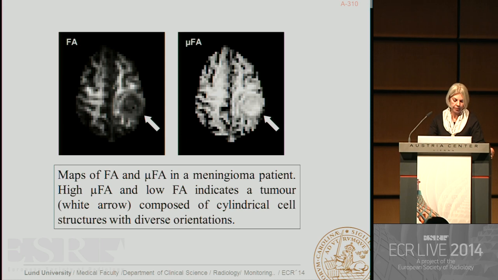But here's an example of how you can use the micro-FA in a patient with a meningioma, where FA here almost looks the same, but if you look at the micro-FA, you could see that there are different FA values within this lesion that would better describe the microstructure of the tumor itself. So for meningioma, maybe not so interesting, but certainly more interesting for other, more malignant tumors in the future.